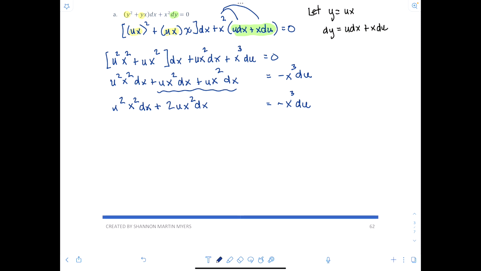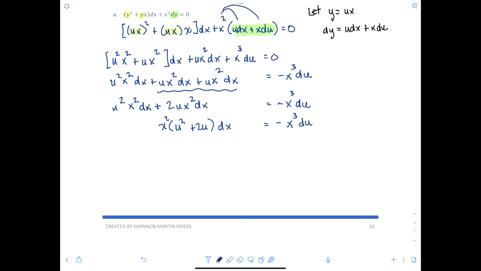Now we're going to factor out the terms that are coefficients of dx, and also the x's. The u's we're going to leave alone because we want to separate these variables. So we factor out an x squared, and on the left side we're left with u squared plus 2u inside the parentheses, and that's equal to negative x cubed du.